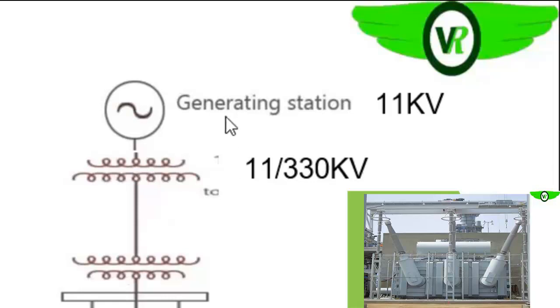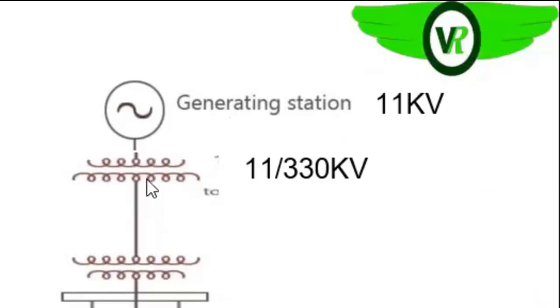So at the generation station, it generates at 11 kV, and then we have a transformer close to the generation station. Like we said earlier, this is the beginning of the transmission system, and that will now take the voltage from 11 kV to about 330 kilovolts, which is the transmission voltage.